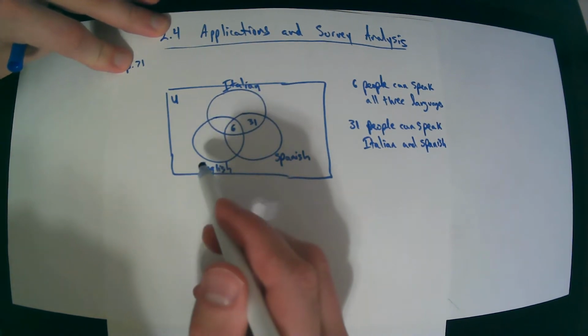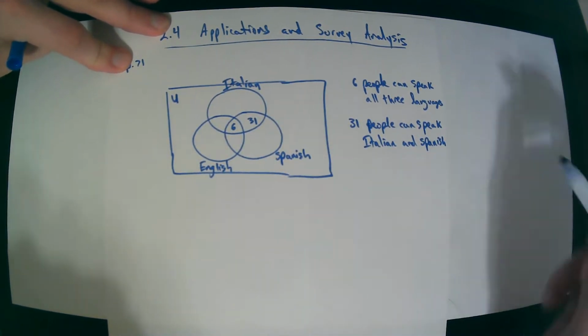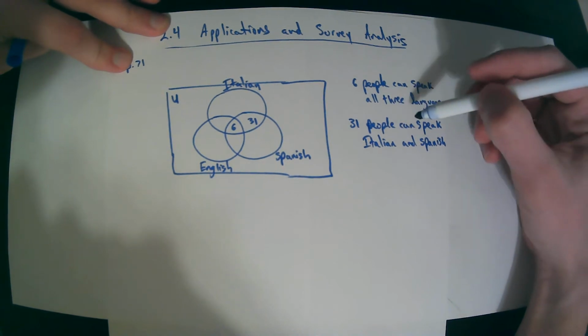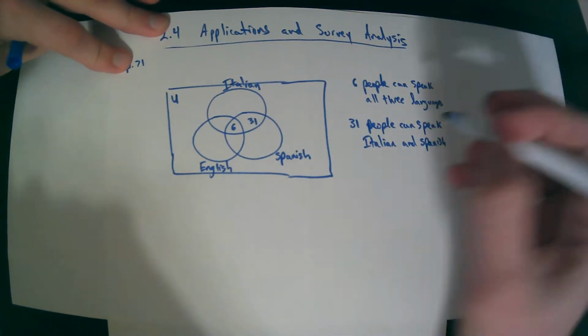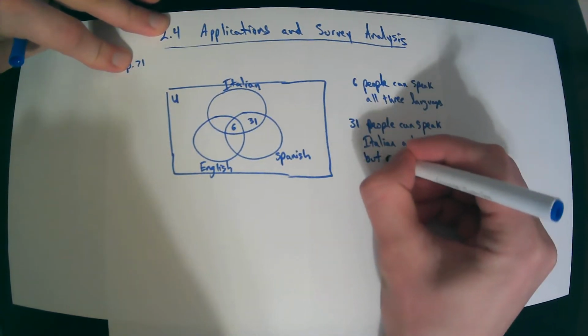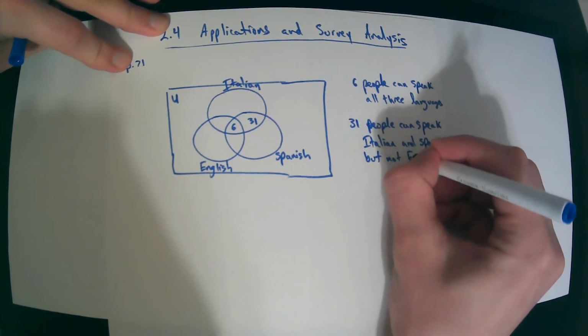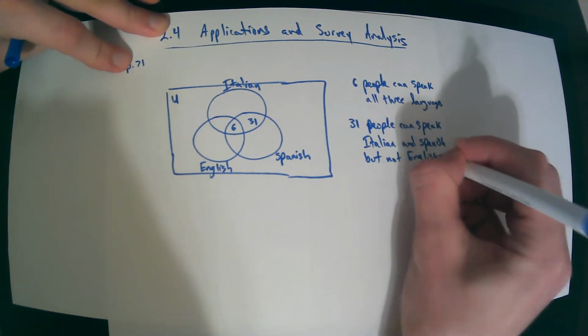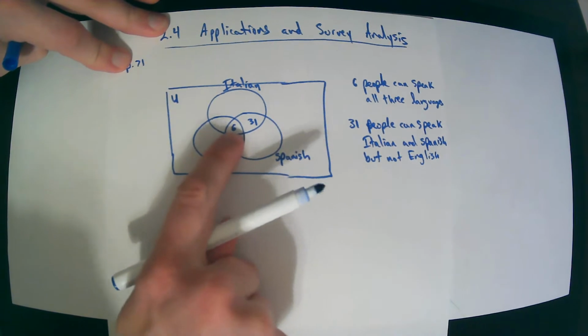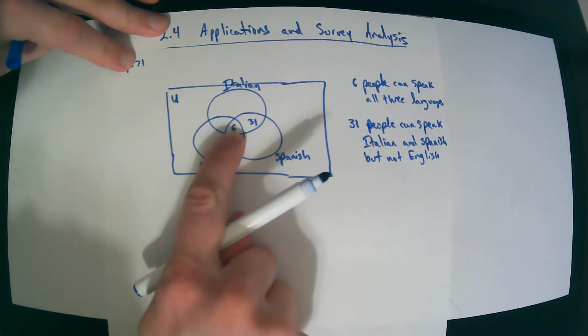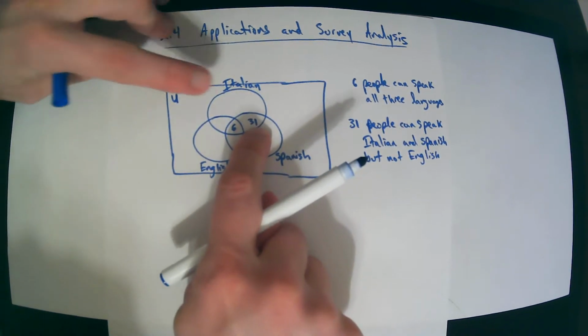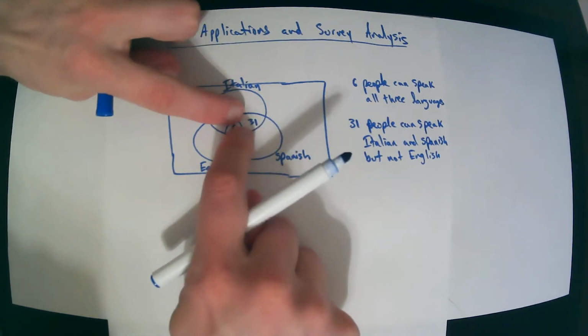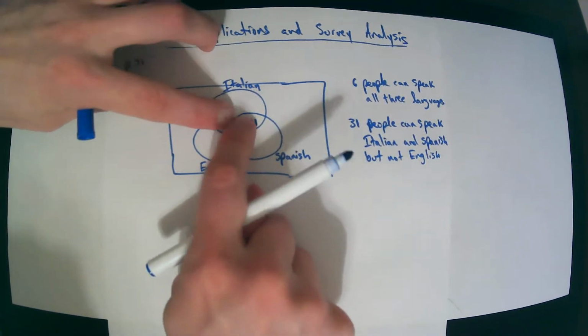They can also speak English. So what I need to do is say 31 people can speak Italian and Spanish, but not English. That is what sets them apart from being in this most exclusive group here. These 31 people can speak Italian and Spanish, but they're not in this English circle.